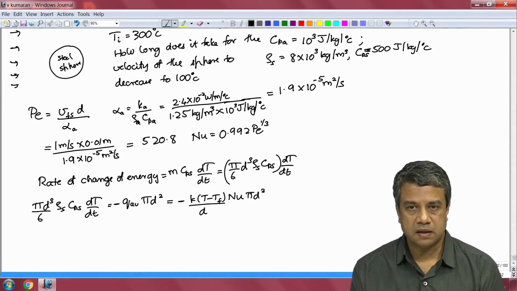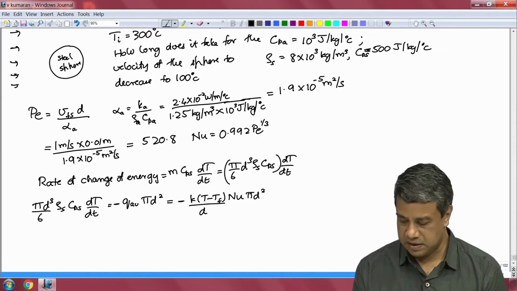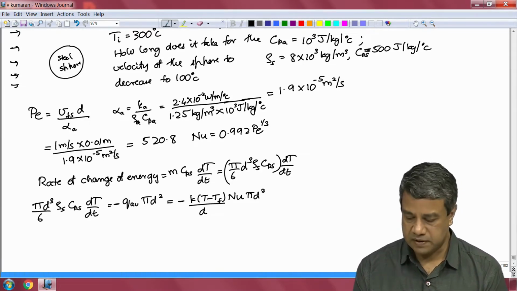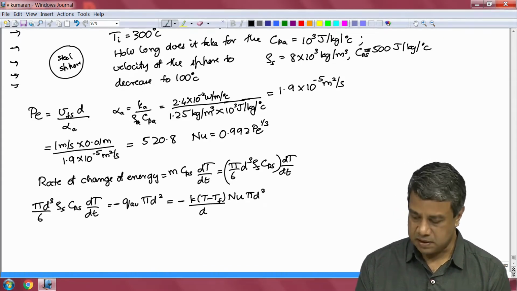Recall that the Nusselt number is the ratio of the average flux and k times delta T by d. So, the average flux I have written as k times delta T divided by d times the Nusselt number.